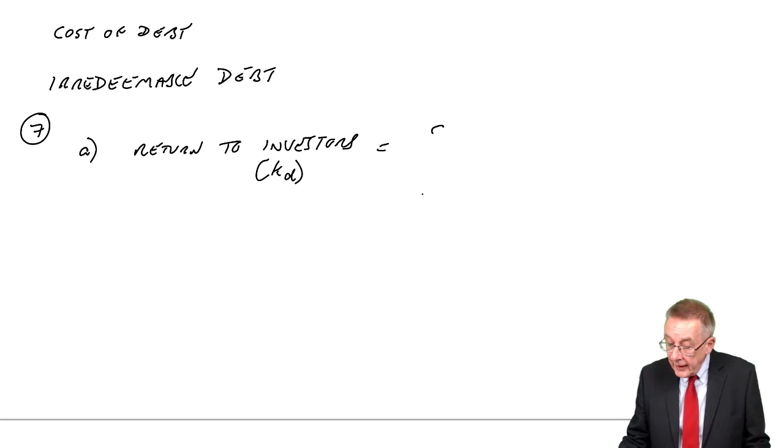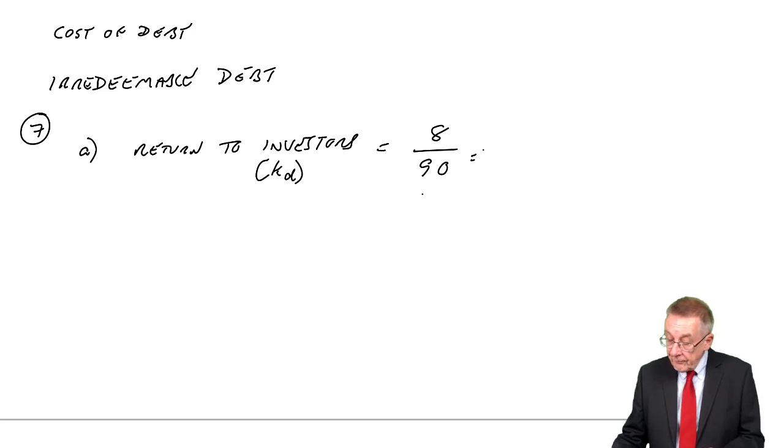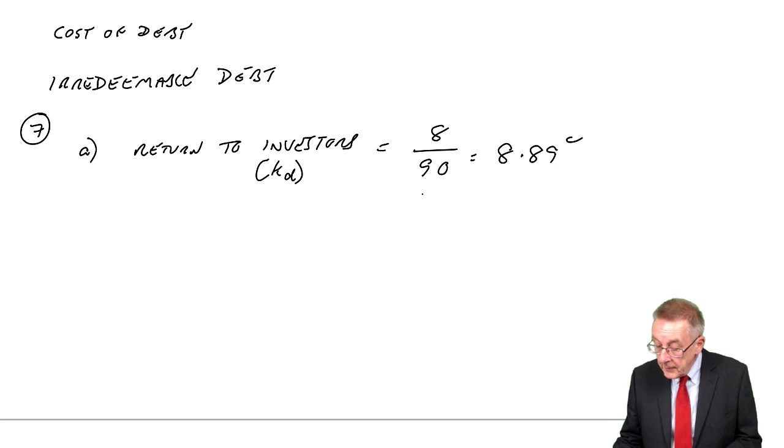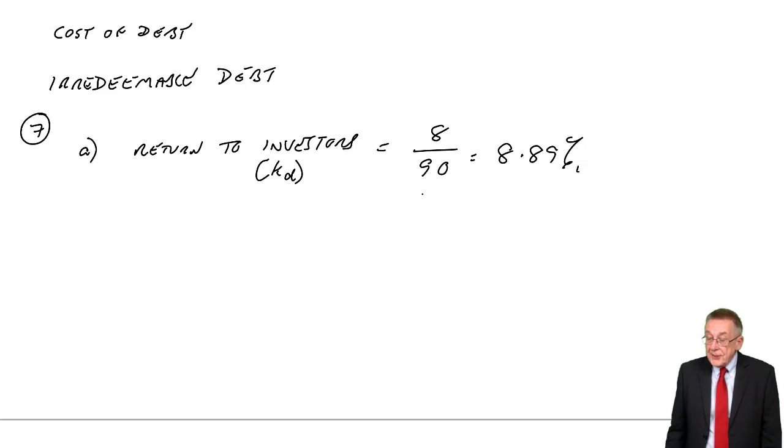And so you're effectively getting $8 a year on a market value of 90, which is 8 divided by 90, 8.89%. That's the return to investors.